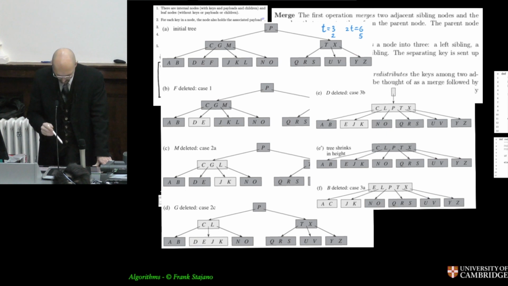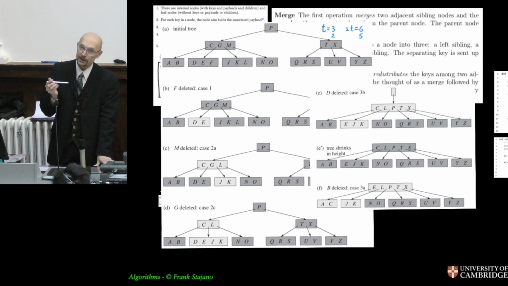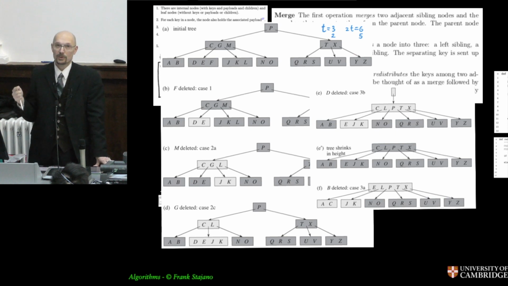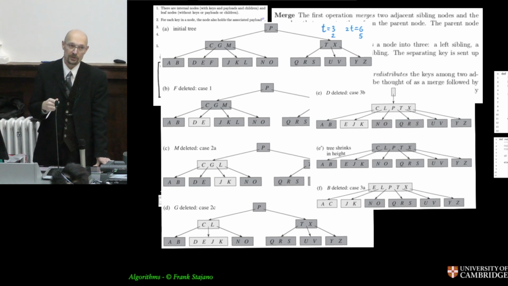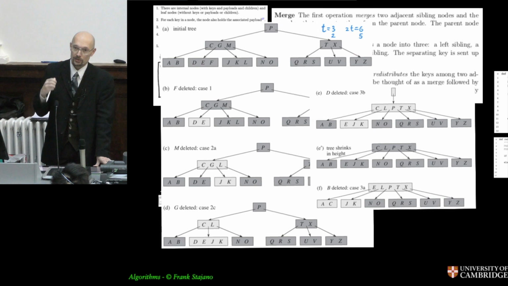I think that what he's doing is he is using the dual of that heuristic that I introduced in the 2, 3, 4 trees on insertion, where I said I may not like getting to the bottom and finding I cannot insert there because it's already too full. And so to prevent that from happening, when I insert in a 2, 3, 4 tree, on the way down, anytime I find something that's already a 4 node, I will split it just on principle, even if it's not actually necessary for that case.